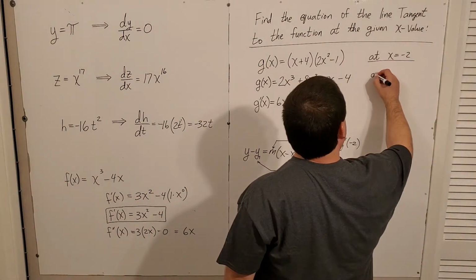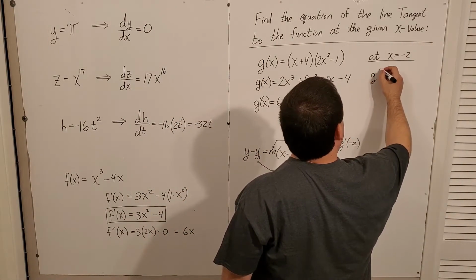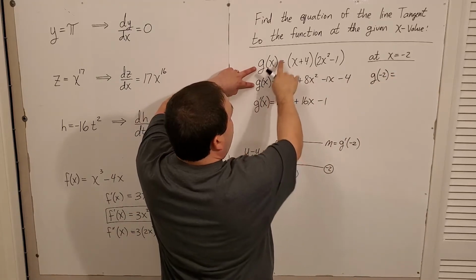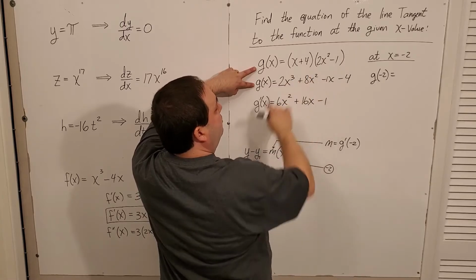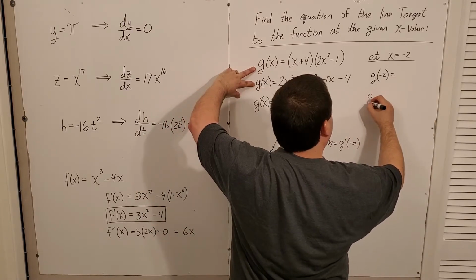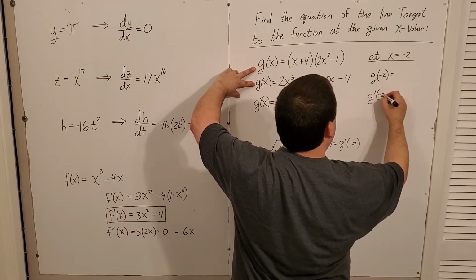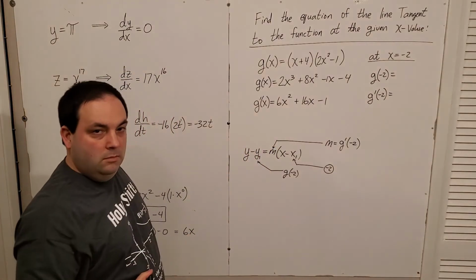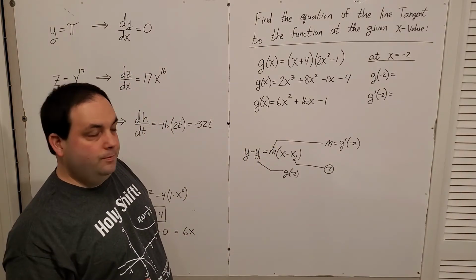Right here I need to figure out my y value by doing g of negative 2, right? I can plug it into either one of these. Probably be easier to plug it into that one. And then I've also got g prime of negative 2 because I've got my derivative function right here that I can plug it into and get my slope.